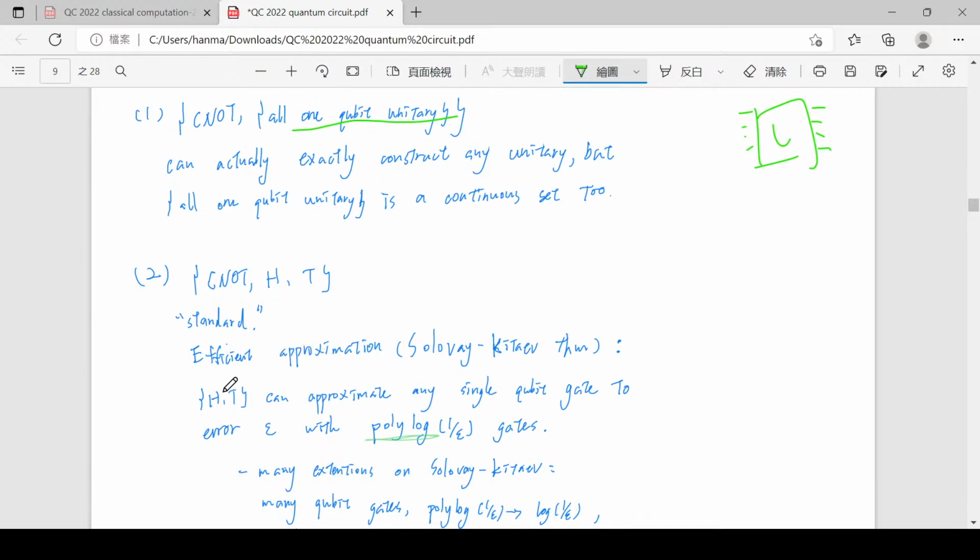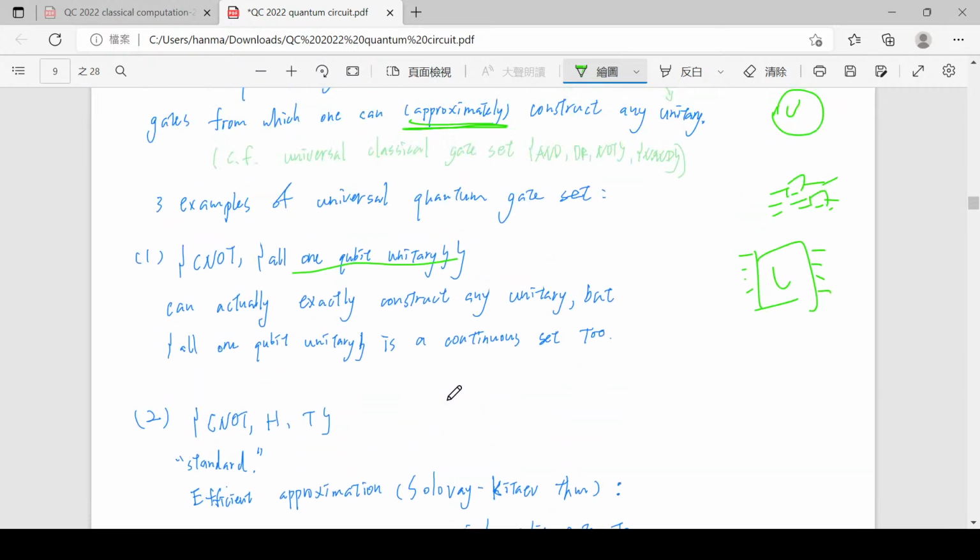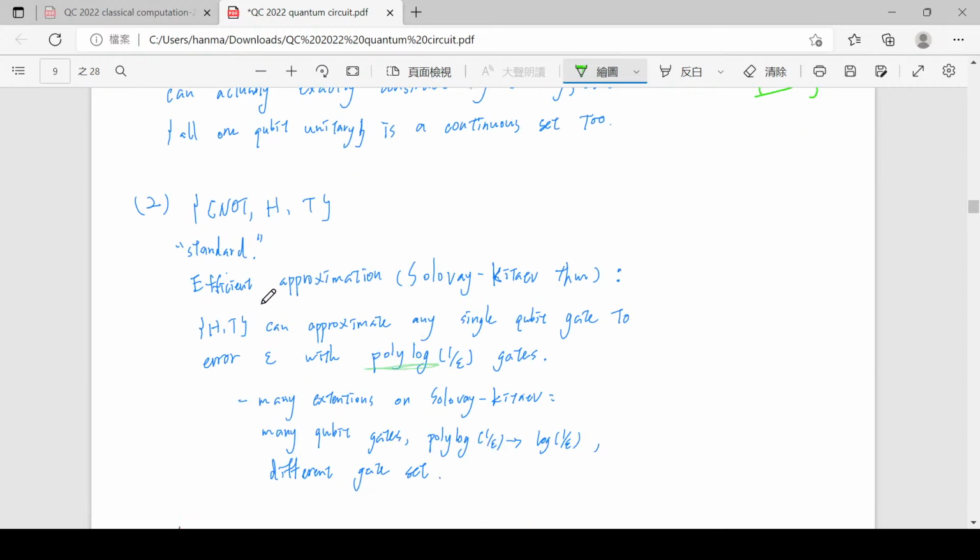There is a lot of theory built around this, because if you want to think about quantum computation, the first thing you want to think about is how to construct every possible computation. And there's a very famous theorem on this: Hadamard and T approximating a 1-qubit unitary, the approximation is actually very efficient.